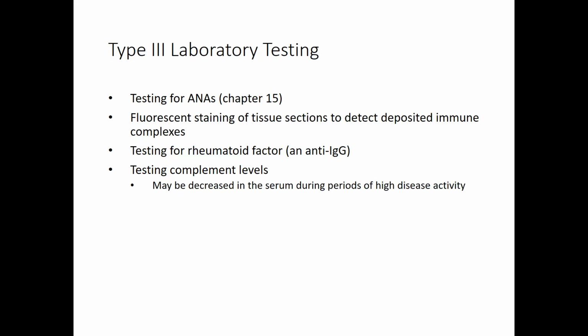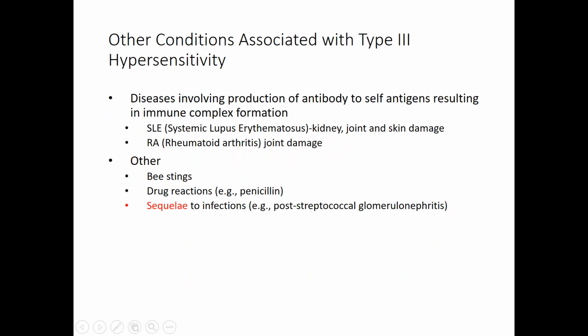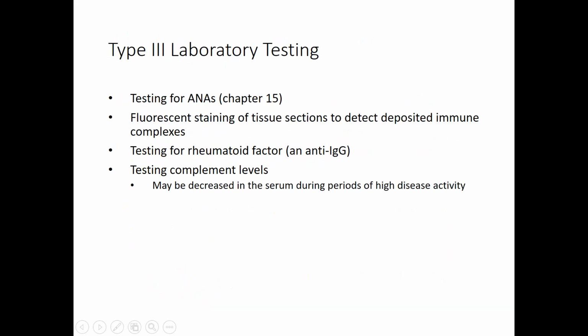It's specific to rheumatoid arthritis. And we can also test again because this is a complement-mediated reaction. Remember that complement is one of the components of this complex that forms. We can actually test for complement, and it's an indirect test. We're not going to see increased levels of complement.